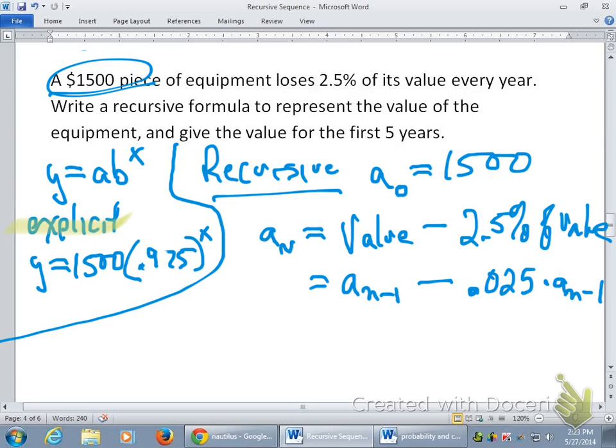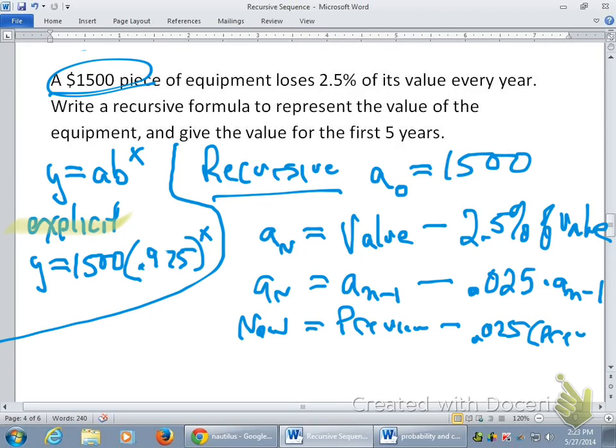So what this is trying to tell me is that my new value is going to be my previous value minus 0.025 of my previous value. And I would go through this over and over and over again.